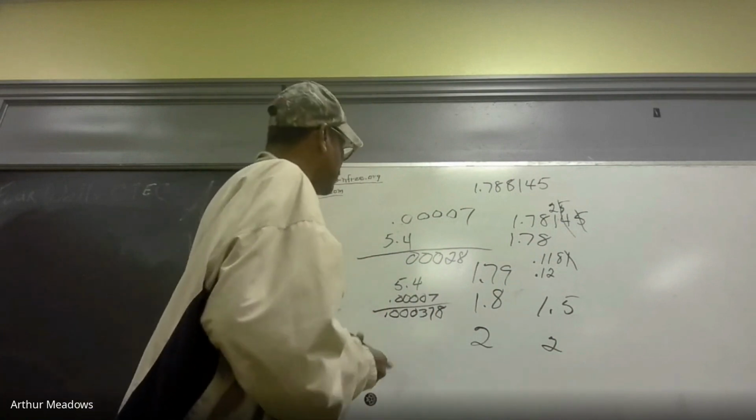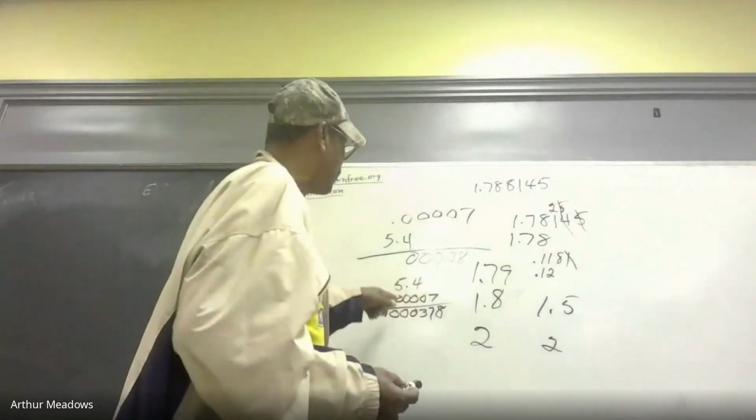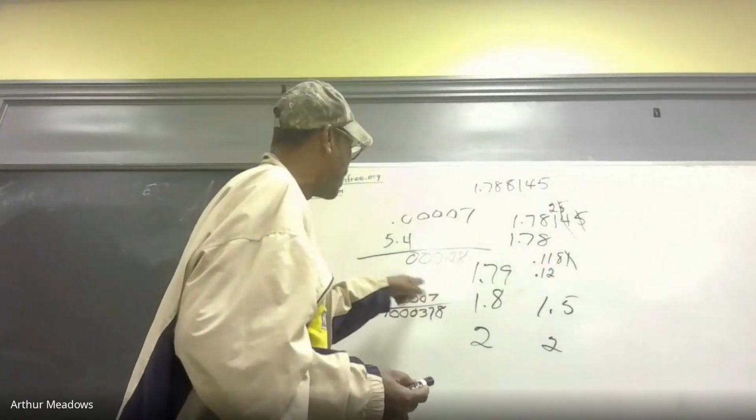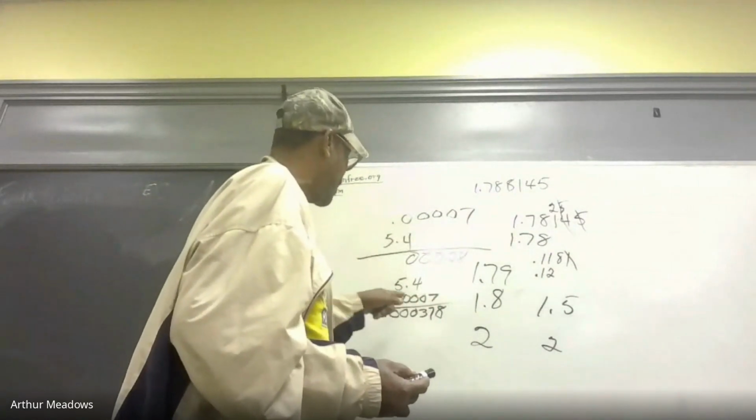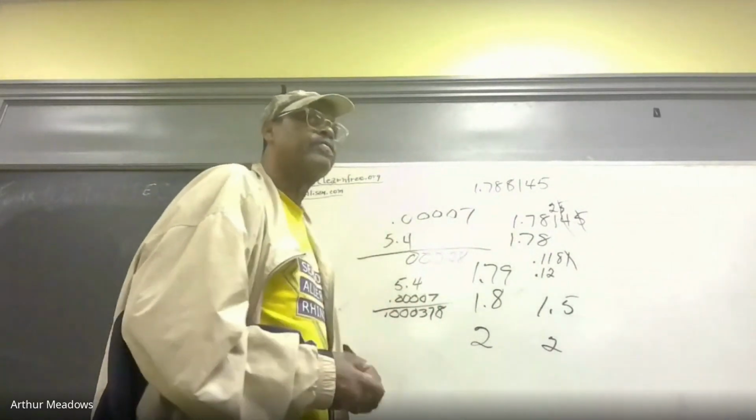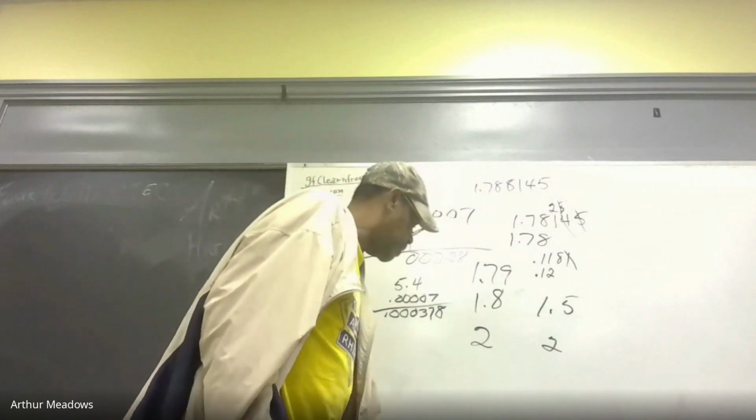I have 6 places in order for this to come out right, because I got 1, 2, 3, 4, 5, 6 decimal points.